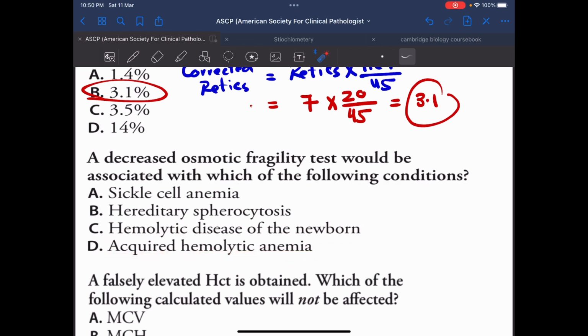The correct answer here: osmotic fragility will decrease in sickle cell anemia, while spherocytosis, hemolytic disease of the newborn, and acquired hemolytic anemia will increase the osmotic fragility. So the correct answer is A. Sickle cell anemia will decrease the osmotic fragility.